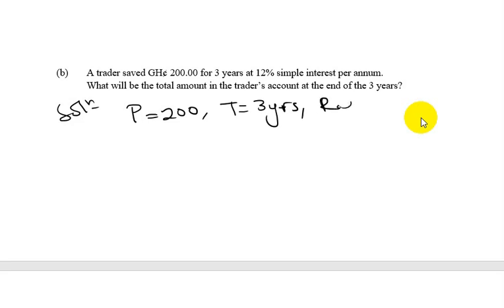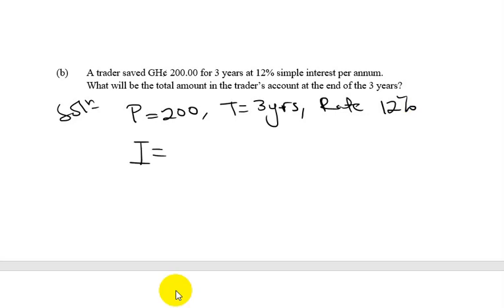The rate is 12%. So we are finding the interest per annum. After we find the interest, then we will add the interest to the principal to get the amount that will be in his account for the 3 years. So now let's find the interest.